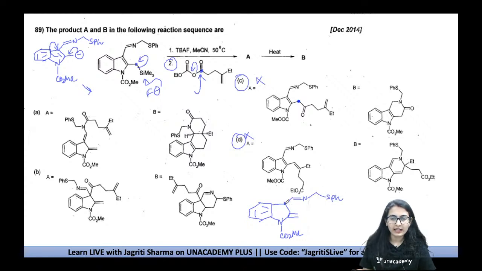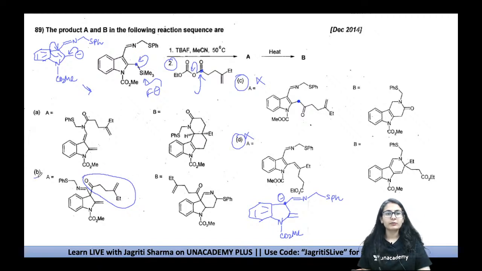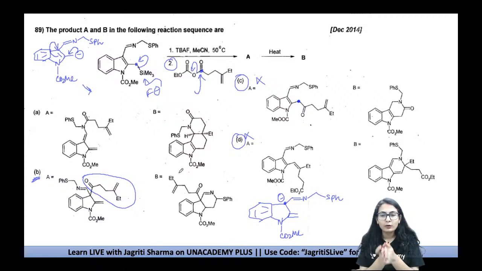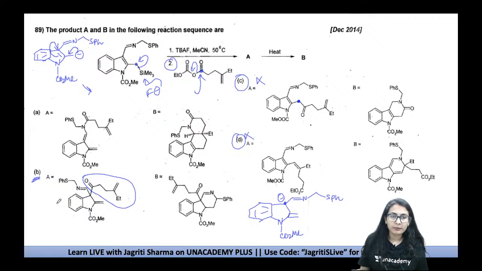Let's say the negative charge has stopped on this carbon and from this carbon it has attacked the electrophile. Then you get product number B. But when you have complete conjugation possible throughout, the negative charge is not going to be localized at any one carbon in between the whole conjugation process. So both B and C are wrong.